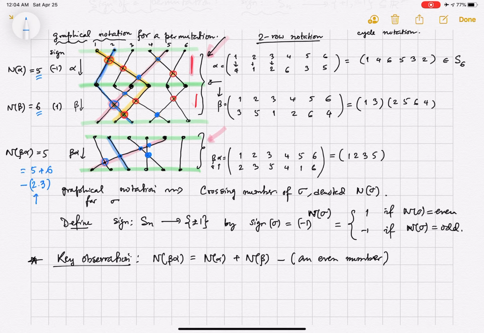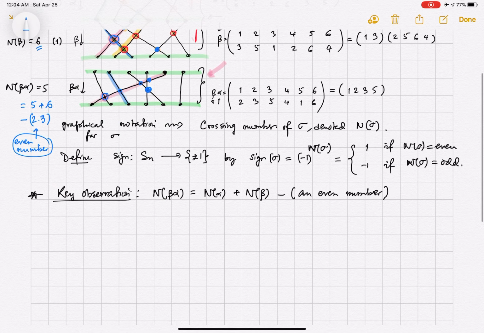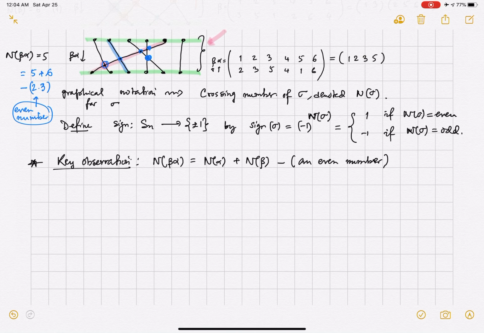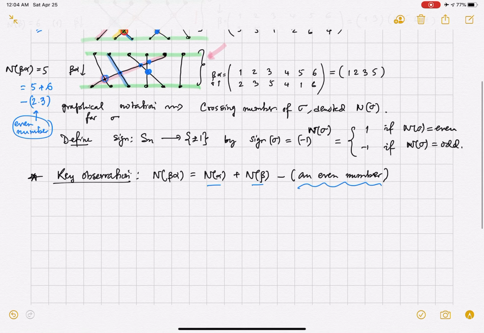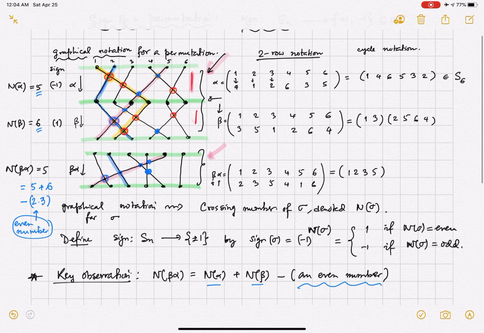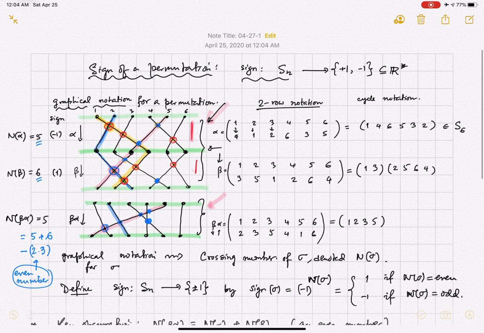And the whole point is that they come in pairs, so it's an even number. So that's why n beta alpha is n alpha plus n beta minus an even number. This even number is the number of these cancelling pairs times 2. Okay.